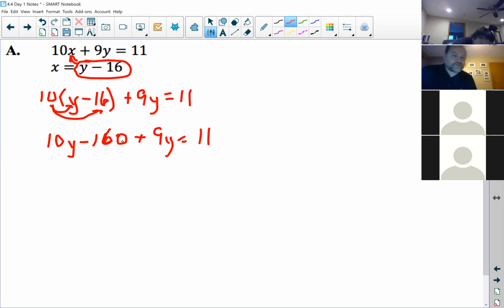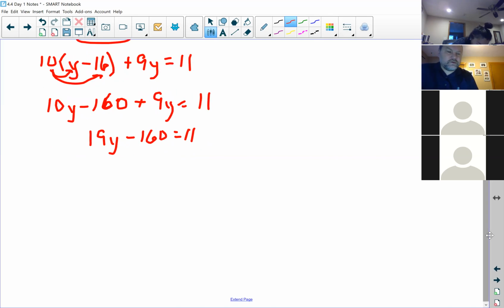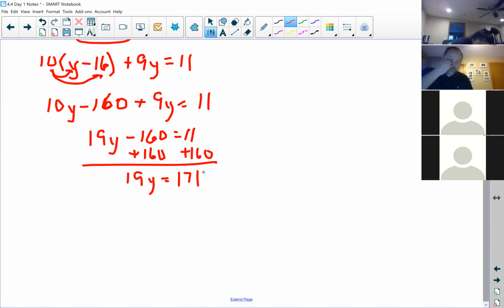We have y's on the same side of the equal sign, so I can combine the 10y plus 9y. Add 160 to both sides. Divide by 19.